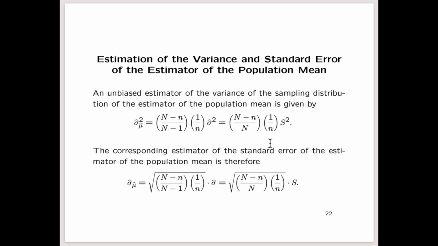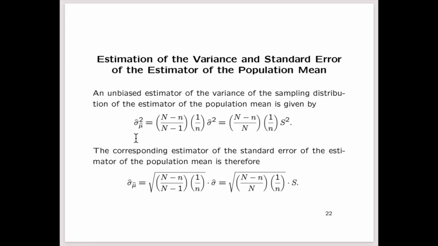Expressed in terms of the sample variance, it turns out to be capital N minus little n over capital N times 1 over little n times the sample variance. So either of these formulas can be used, and as long as we do the calculation correctly, we'll get the exact same answer.